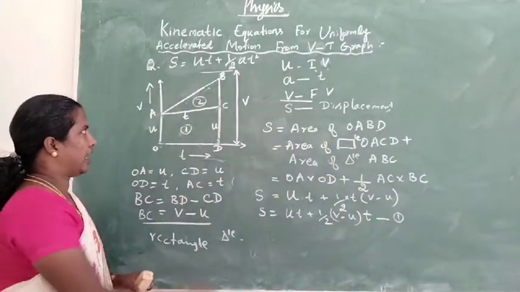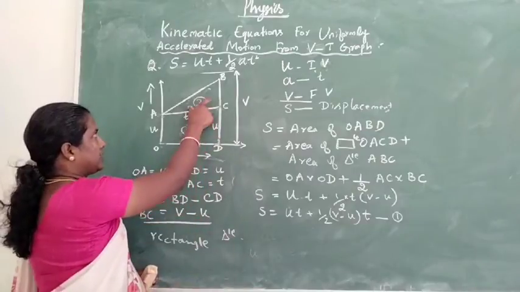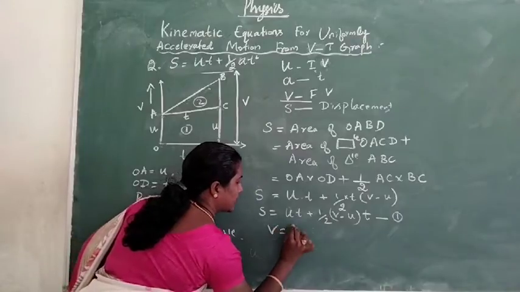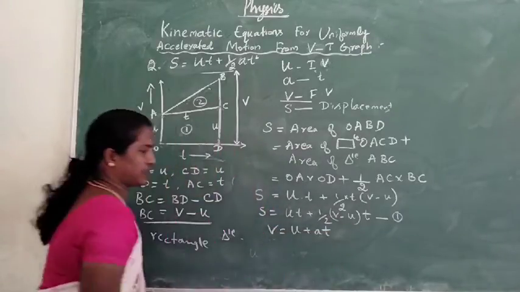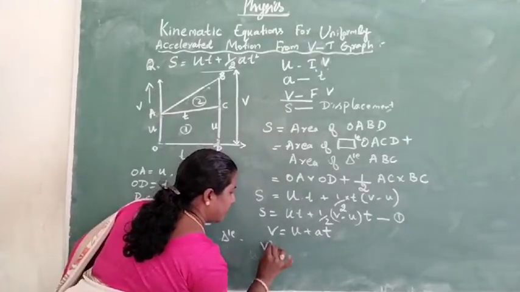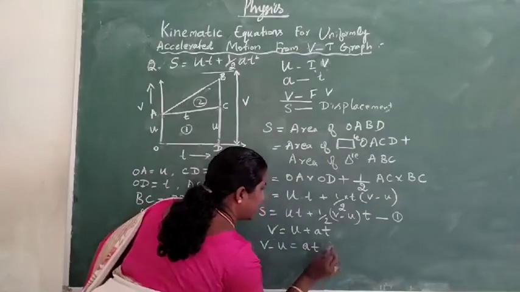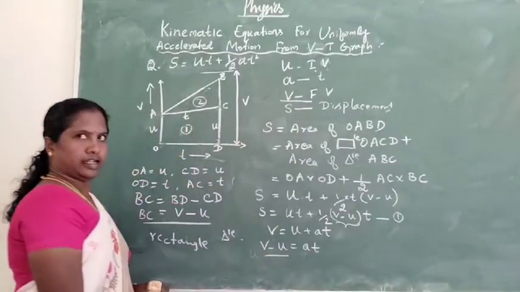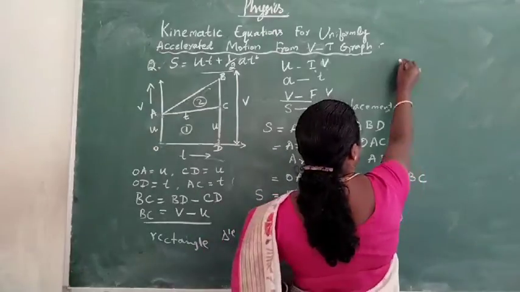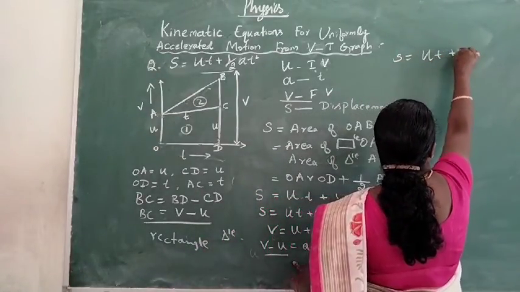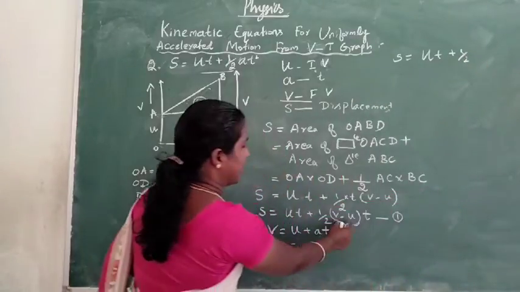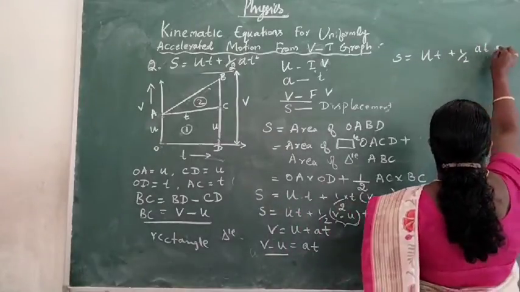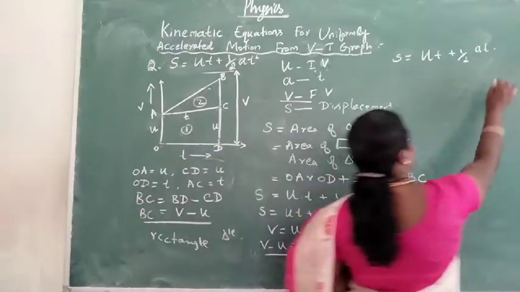From the above, we derived the acceleration A is equal to BC by AC. From that we know that V is equal to U plus AT, the first equation we derived. From this I can write V minus U is equal to AT. So in this place of V minus U I can write AT. Now S is equal to UT plus half into AT, acceleration into time, into the T we already have.